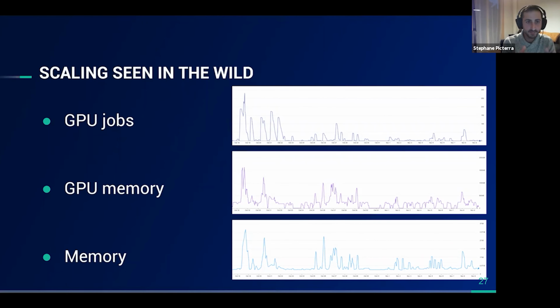At that point, we spun up new GPUs. We can see the GPU memory increasing, and also the raw memory increasing as well. You can see all of these spike patterns whenever some user is enqueuing a lot of prediction jobs, happening multiple times over a couple of days here.